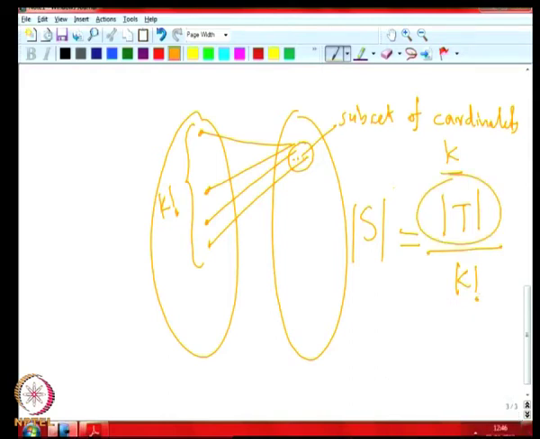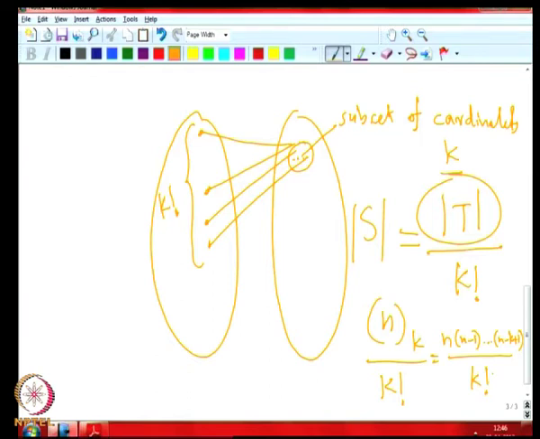This is all the possible partial lists of length k that we can form using the members of 1 2 3 up to n without any of them repeating, that is n into n minus 1 into up to n minus k plus 1, divided by k factorial, right.